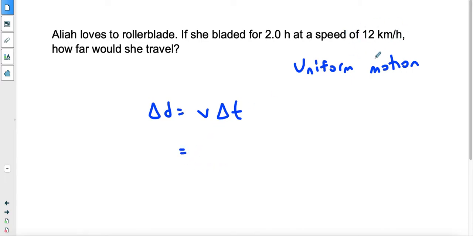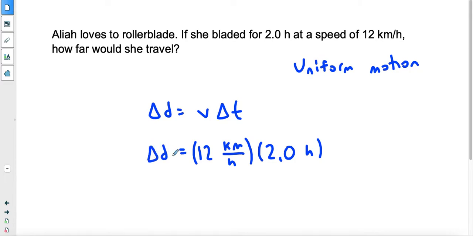So we know she's traveling at 12 kilometers an hour for 2 hours. So we're just going to multiply that together to figure out what distance Aaliyah travels. So 12 times 2, that gives 24 kilometers. So we know then Aaliyah is going to travel 24 kilometers.